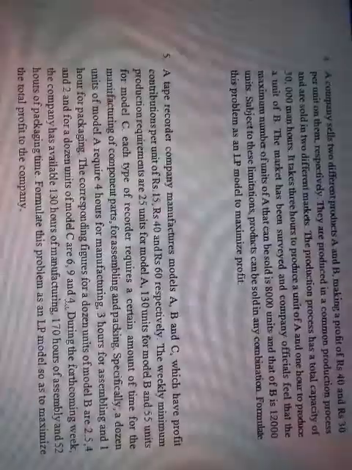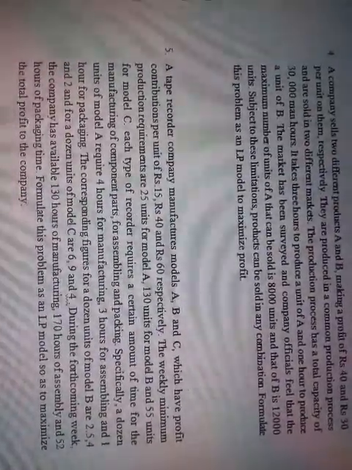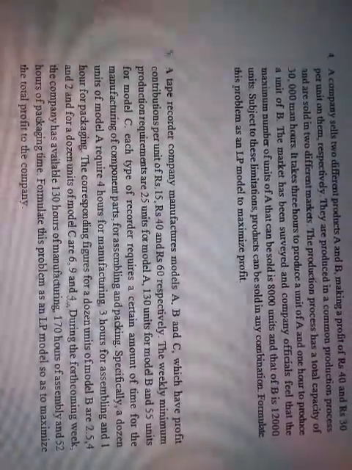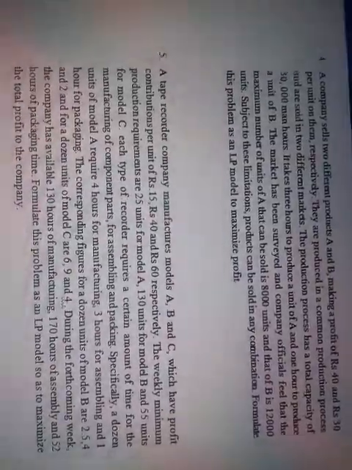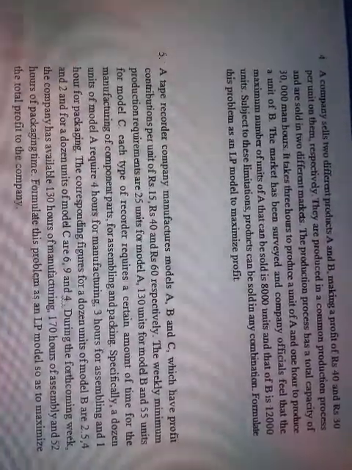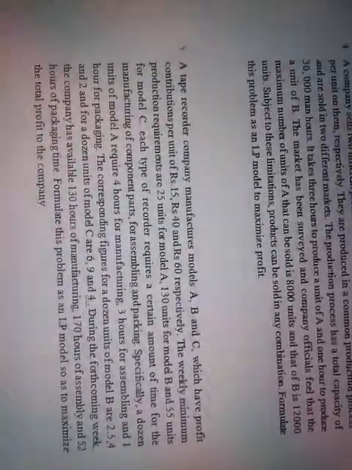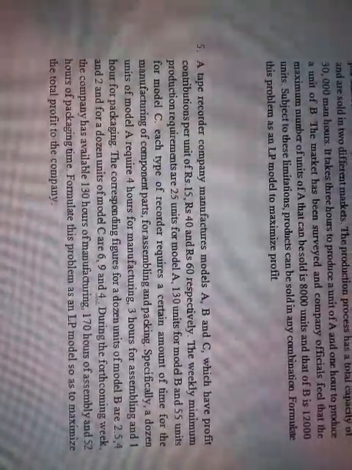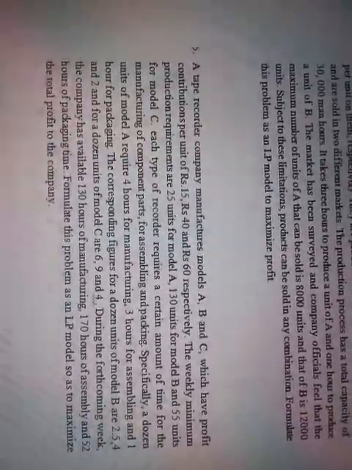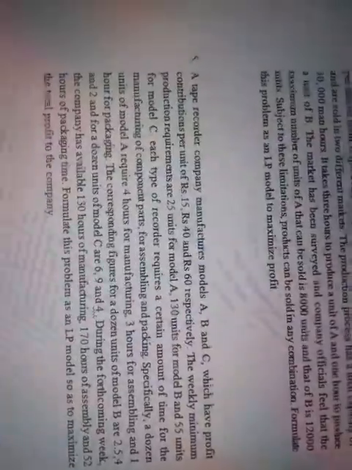During the forthcoming week, the company has available 130 hours of manufacturing, 170 hours of assembly and 52 hours of packaging time. Formulate this problem as an LPP so as to maximize the total profit to the company.